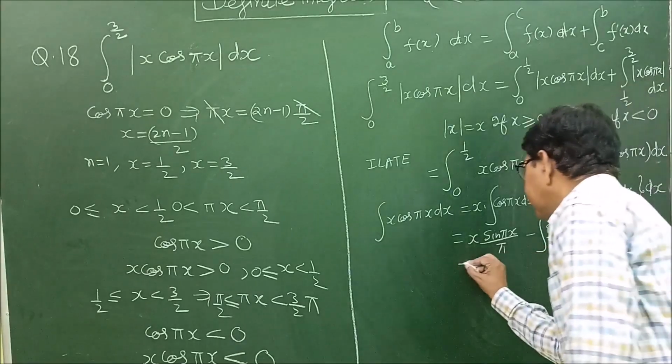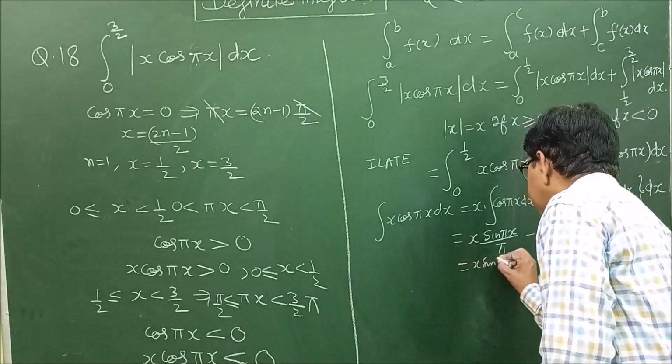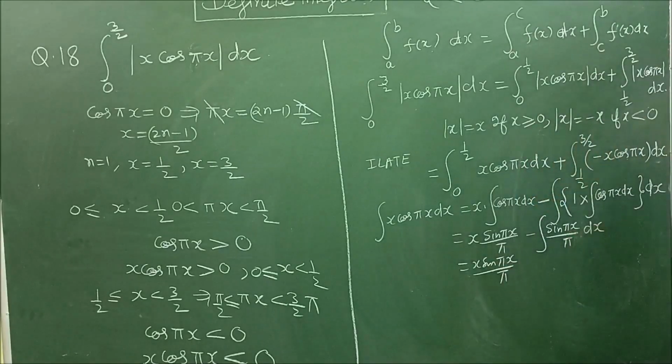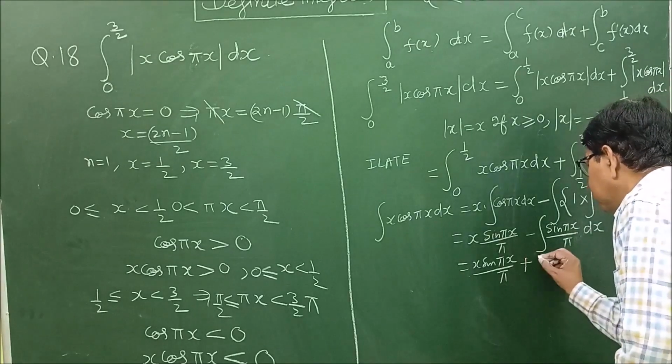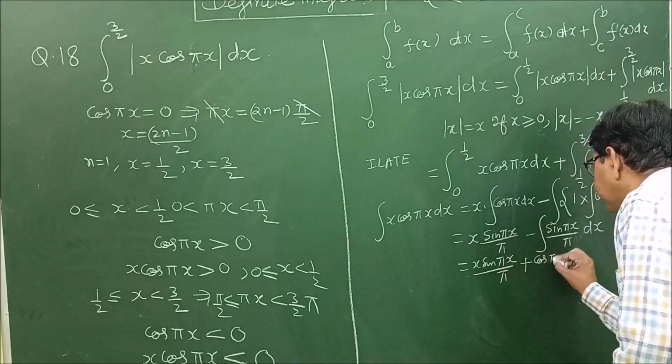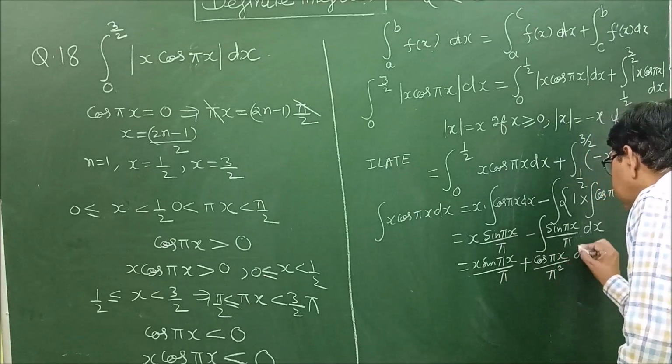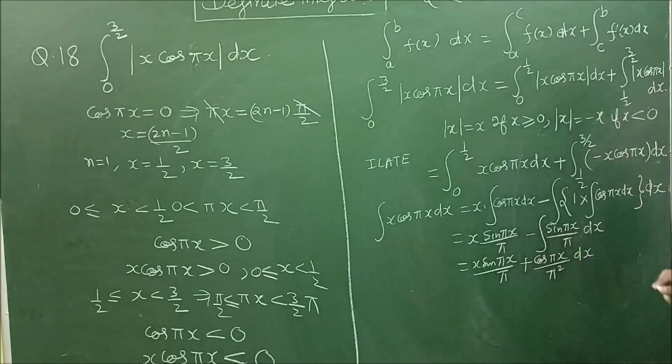Now again integrating it, x sin pi x upon pi, and here the integration of sin pi x is equal to minus cos pi x upon pi. So this reduces to cos pi x upon pi square here. Minus minus will make it plus. So this is the final integral.